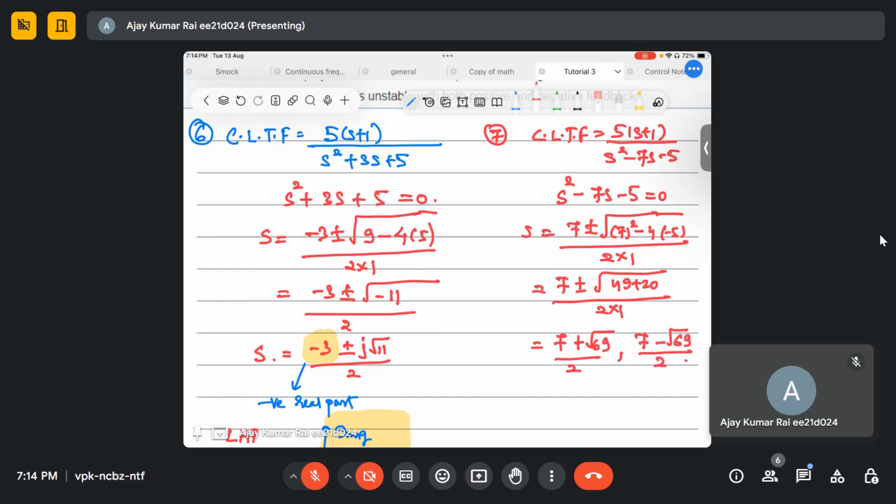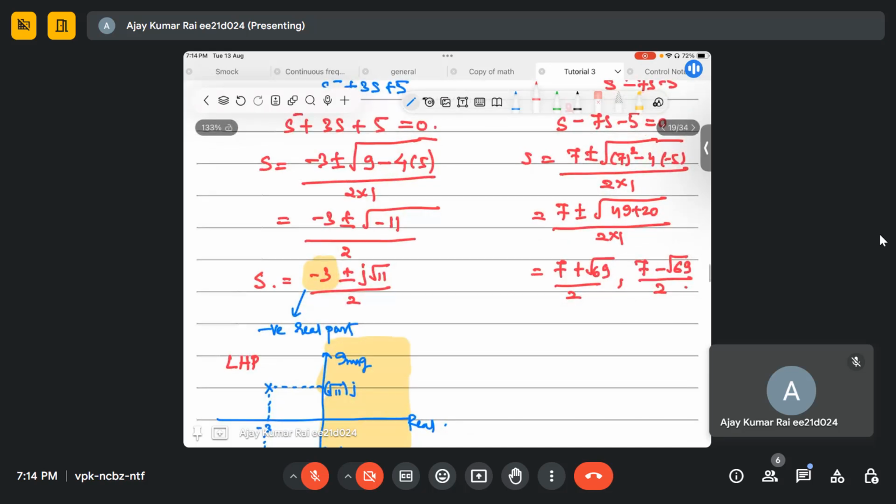And this is positive, right? This will be positive. But if you see 7 minus root of 69, because root of 49 will be 7 and root of 69 will be greater than 7, because of that this term will be negative.